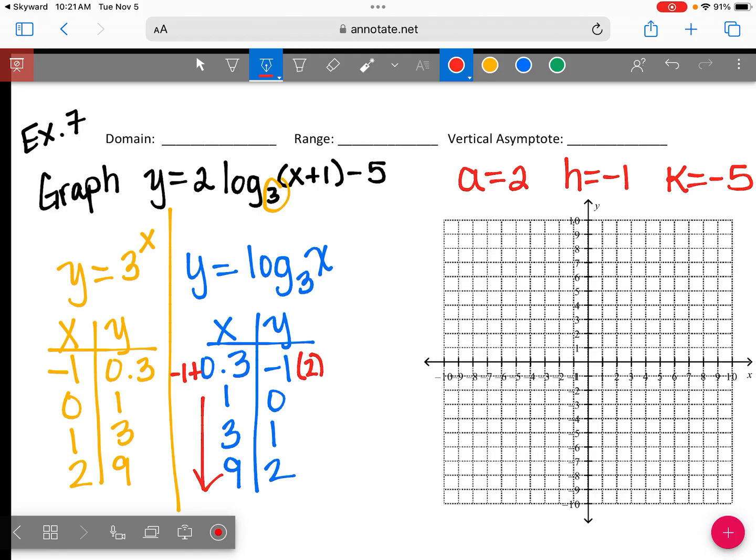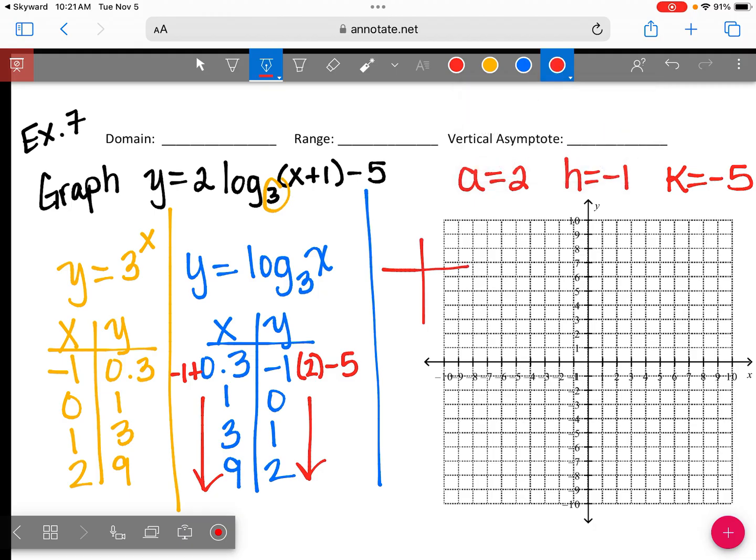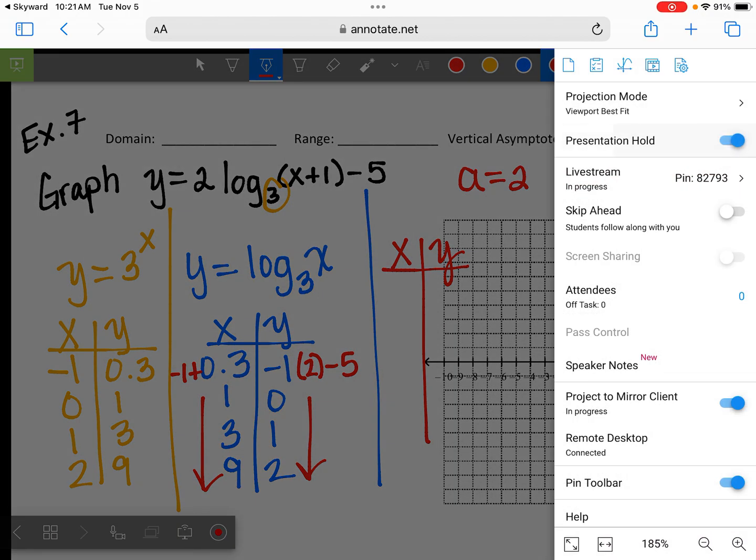And we're multiplying by 2 and subtracting 5 all the way down. So I'm going to freeze my screen, and you all take a minute to fill in your table.